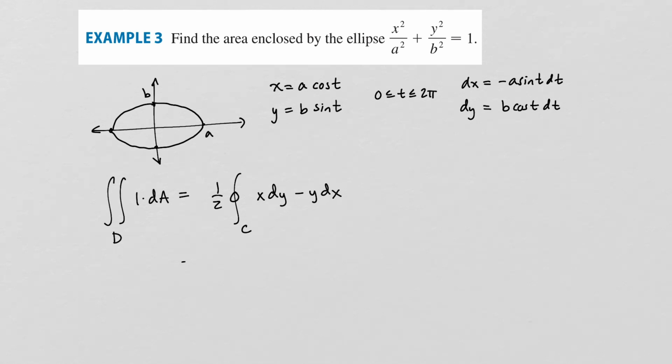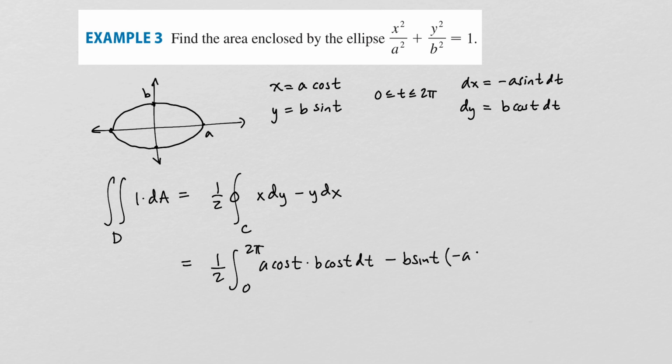So we have the 1/2 integral from 0 to 2 pi. X is a cosine of t times dy, which is b cosine of t dt. Minus y, which is b sine of t, multiplied by dx, which is negative a sine of t dt.